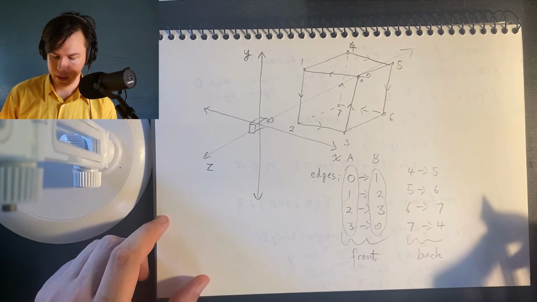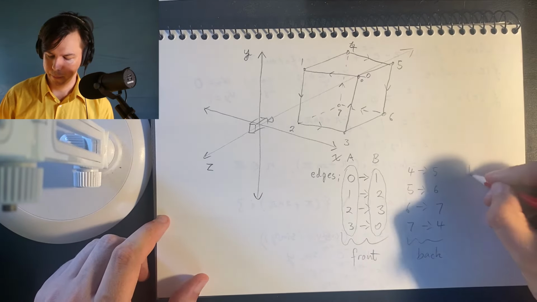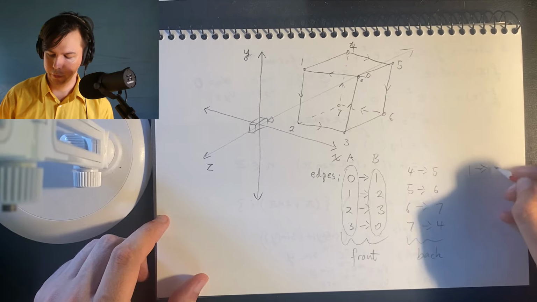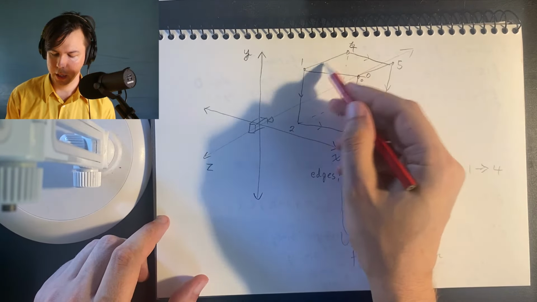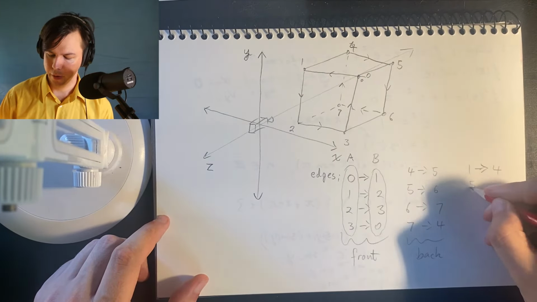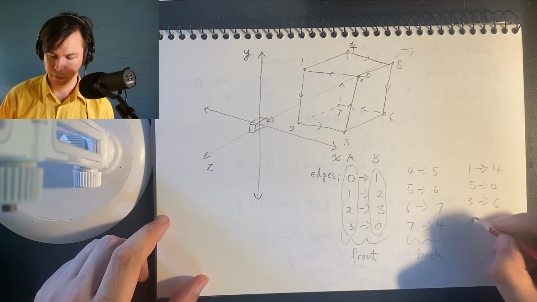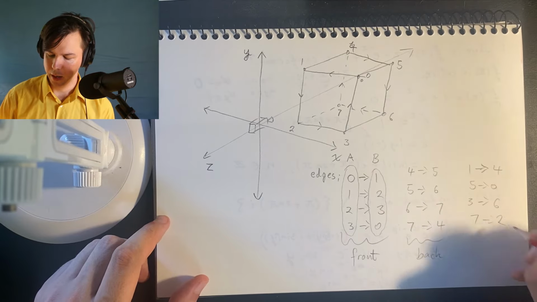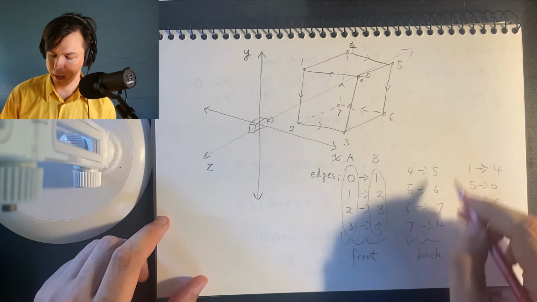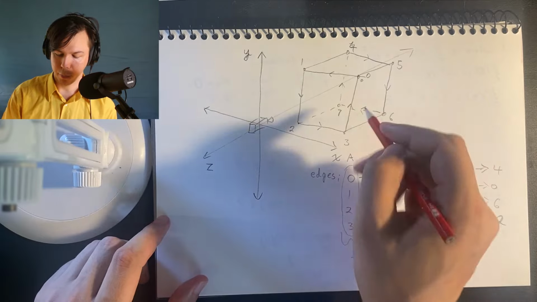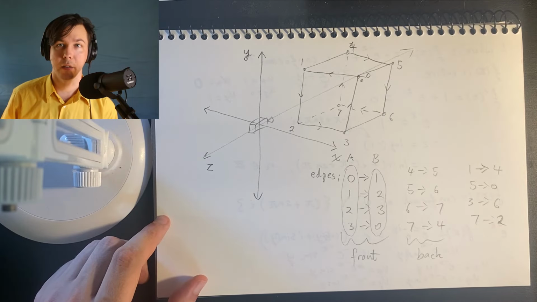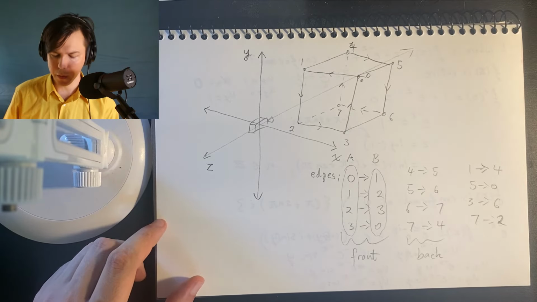I'll just add in some arbitrary edges. We'll go from 1 to 4, that's this edge here. From 5 to 0, that's this edge. 3 to 6, and 7 to 2. And now with those 12 edges defined on those 8 points, that is all the data I need to render.